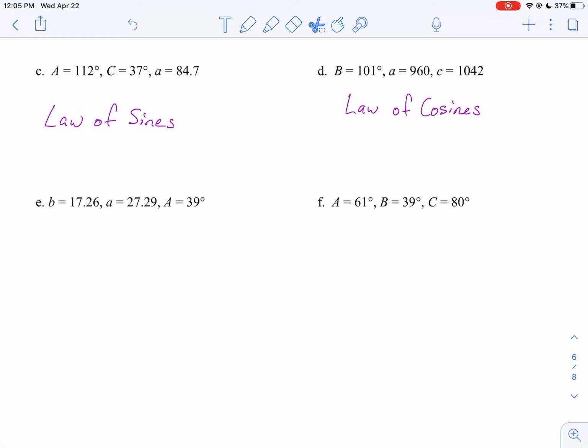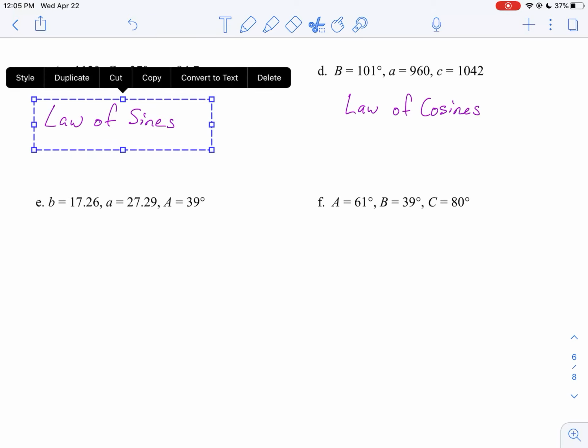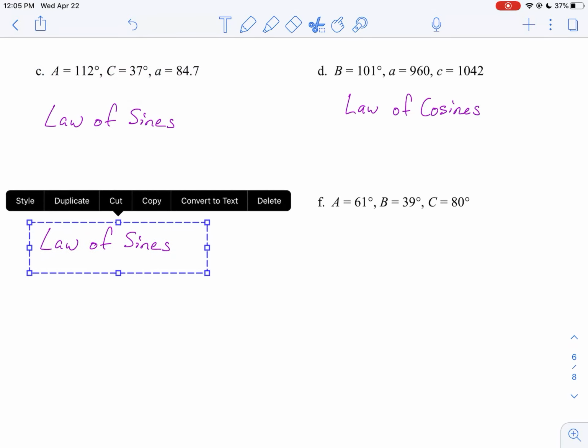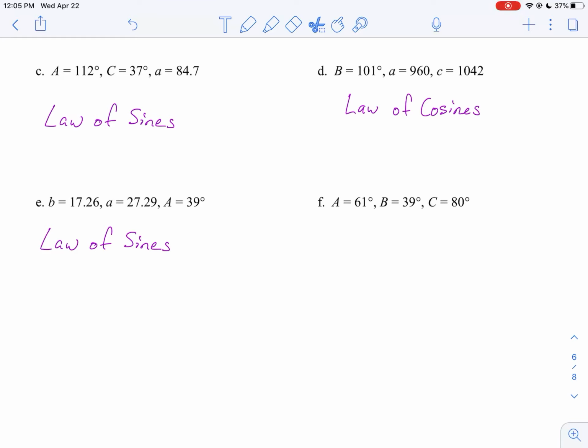Here you see a pair, right? Angle A and side A. And so that tells us that we can use the law of sines. Hopefully this is making sense to you. If not, my advice is to either memorize or just draw out a picture. Say, okay, I've got A, B, C. I know side A. I know side B. I know angle A is 39 degrees.